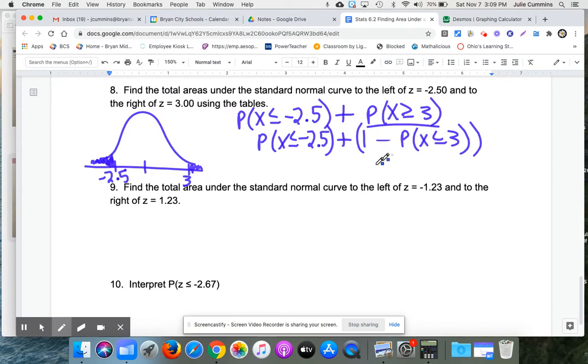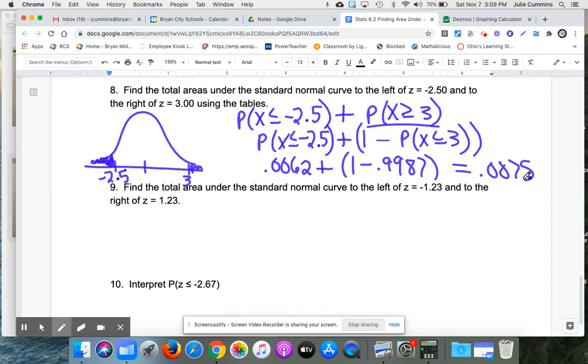Hopefully you already wrote those numbers down. Okay. So this one was 0.0062, and this is 1 minus 0.9987. And when you do all of that, you should get 0.0075. Okay, and we said when we drew the picture that was a really small area.